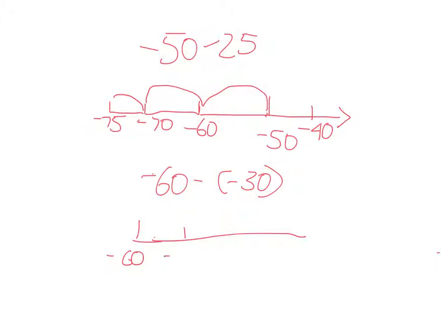So if I go to the right 10 spots, I'm at negative 50, minus 40, and then finally at minus 30. So I've gone from minus 60, 10, 20, 30 spots to the right. Minus 60, subtract negative 30 is in fact negative 30.